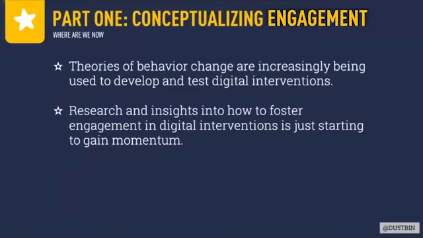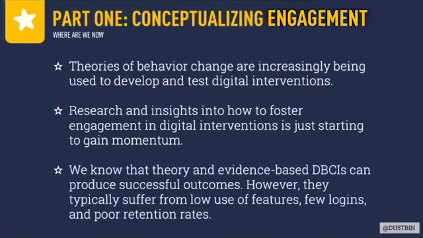We've looked at engagement from, say, the late 90s, early 2000s, from human-computer interaction, but in terms of its pure application into digital interventions, that's really just starting to gain steam over the last couple of years. And we know that applying theory and evidence to digital behavior change interventions can produce successful outcomes. There's a lot of examples and rigorously trialed digital interventions that are showing positive outcomes. So we know that this is a possibility.